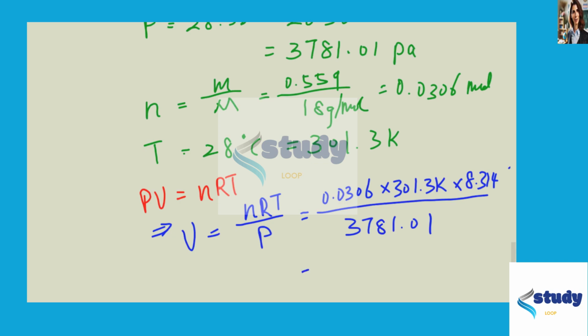And this actually equals around 0.0203 cubic meters, which equals around 20 liters. So you actually need around 20 liters for the flask. I don't think that exists. So this is the answer.